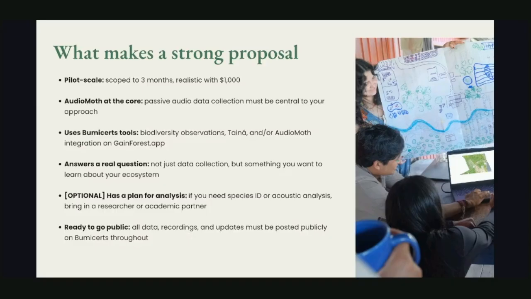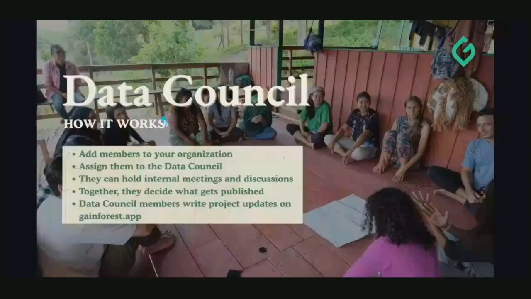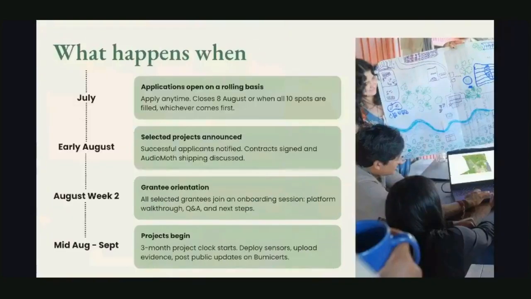Maybe timelines, when can the disbursement be expected and all that. Yes, the timeline we did mention here. July will be this month. We will focus on applications, and we will aim to close around 8 August.